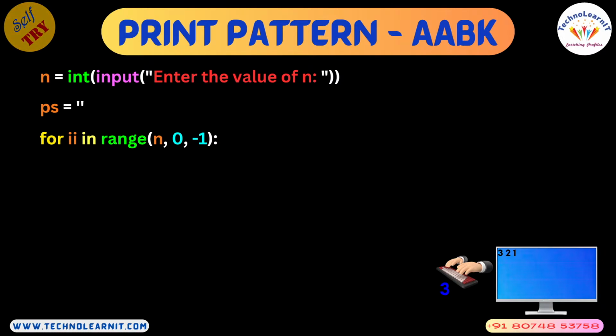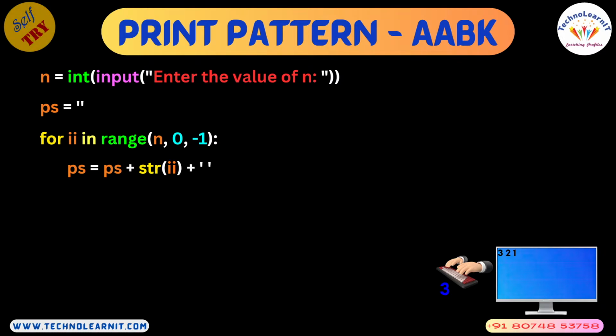Where to stop? The stop value is 0 because 0 is exclusive. And look at the step value, which is -1, meaning every time you decrement. Start with 3, and every time you decrement. So 3, 2, 1, and you cannot exceed 0. The moment you reach 0, you stop there because the end value is exclusive.